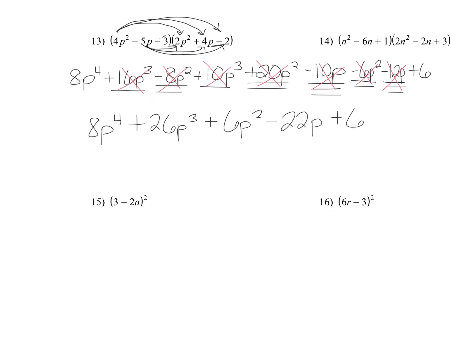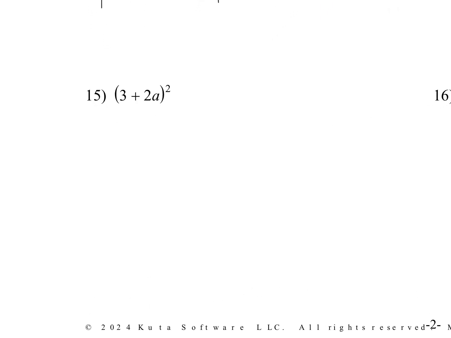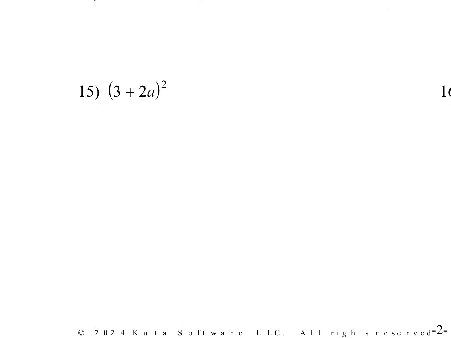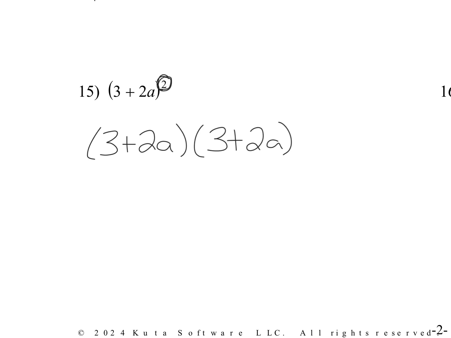Okay. The last one we have to talk about here is what we did today. How do I start this one? Rewrite it, right? So this squared means you're multiplying it by itself. So we have 3 plus 2a, and then we have 3 plus 2a. So all I did was rewrite it twice because of that exponent.